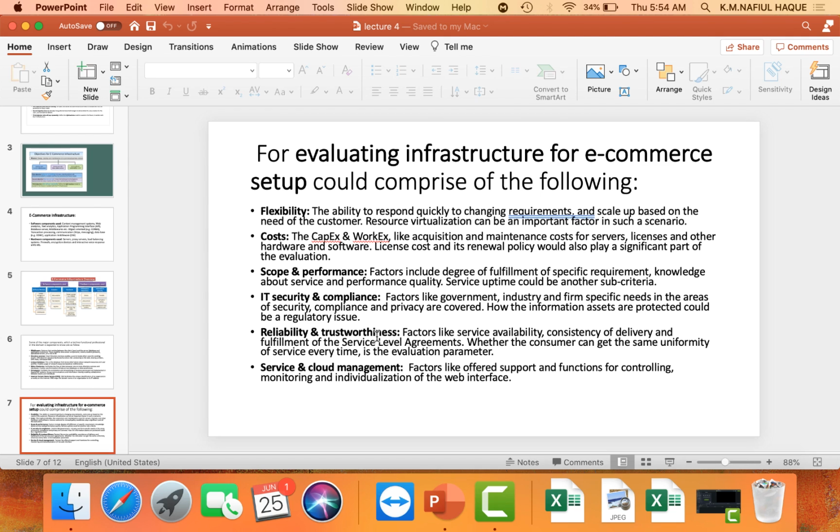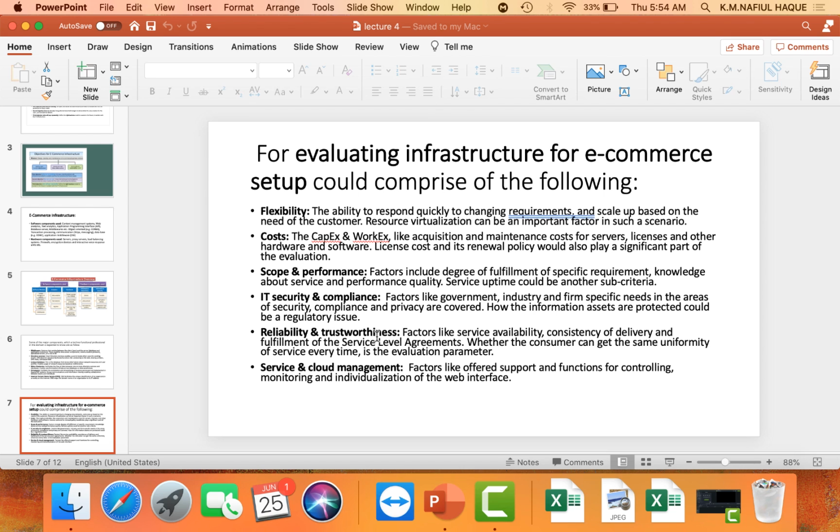What are your one-time expenditures that can give service for a longer period of time? Those are the capital expenditures. Another is operating expenditures or working expenditures, the things you need every day, every week or every month to operate your daily business.